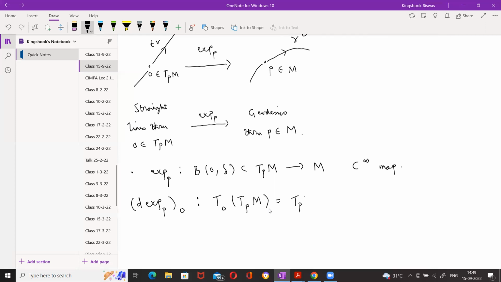And where is it taking values? Well, X_P sends the origin to P. So the derivative is going to be a linear map from T_P M going again to T_P M.